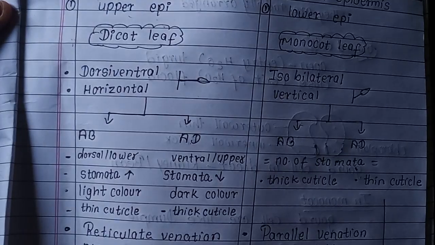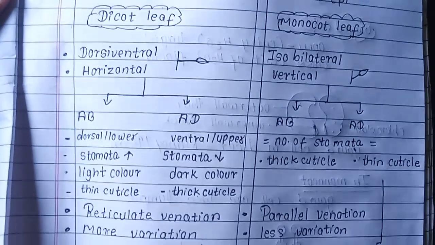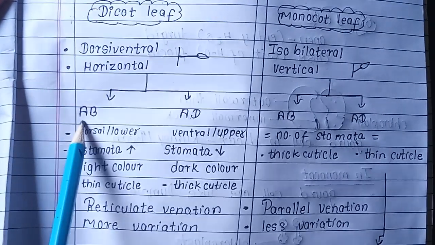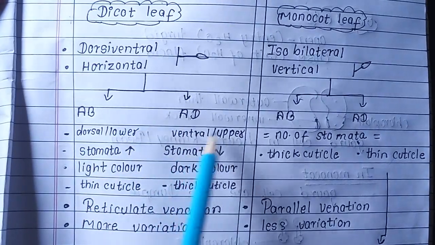Dicot leaf is also divided into two parts. First one, abaxial, it is lower and dorsal. Adaxial is ventral and upper.